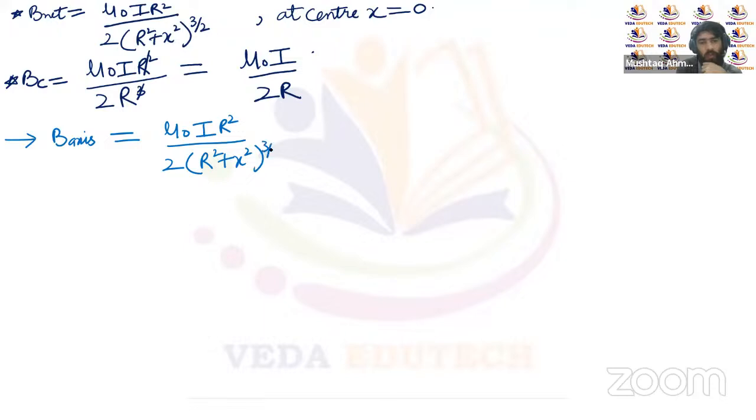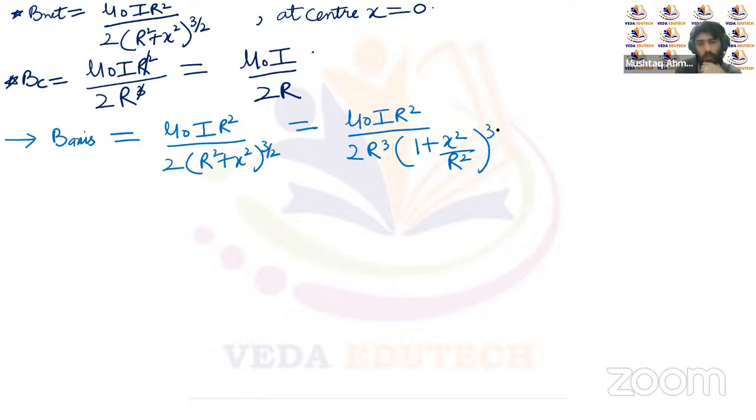If we take r square common from this equation, it will be 2 times r cube here, multiplied by 1 plus x square upon r square raised to power 3 by 2. Now this r square and cube will get cancelled.